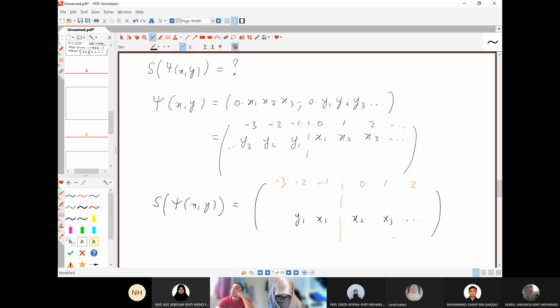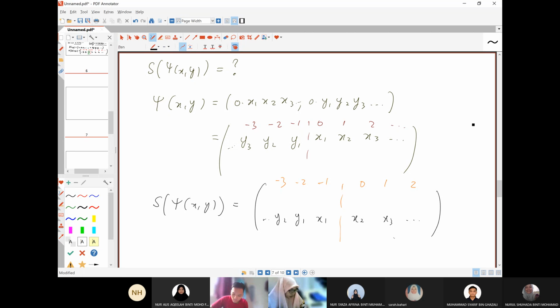So in this part I have y1, y2 and so on. Betul? Okay. So the conclusion is the Baker's transformation and Bernoulli shift for the double-sided sequence is isomorphic.